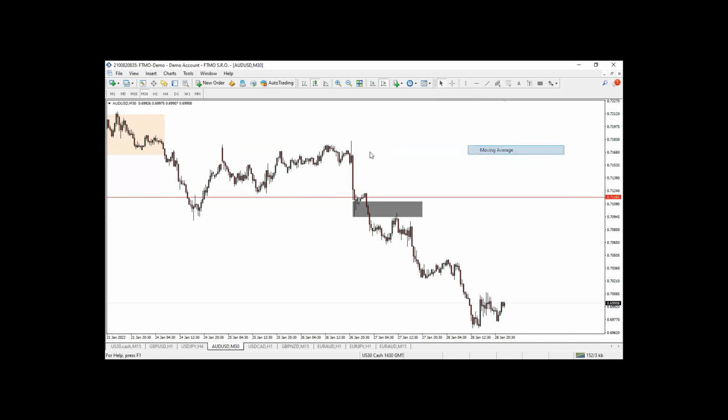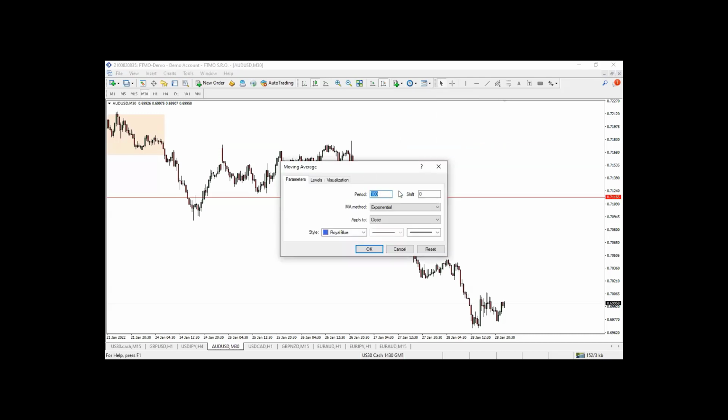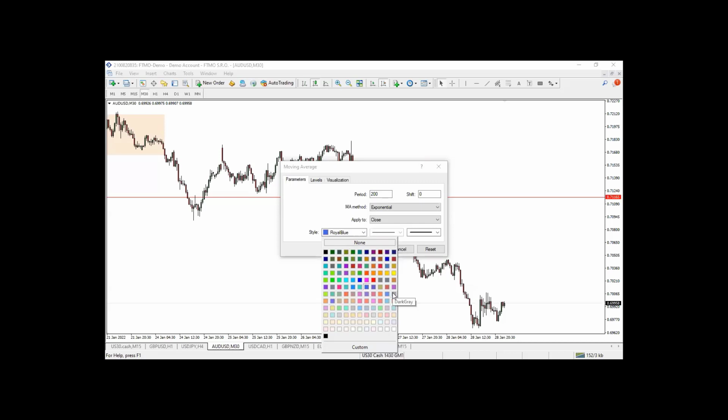Then once you get there, you can install the 200 moving average. The 200 moving average is a moving average that most people use in the market, and I will tell you why most traders use it. So let me change this color so that we can see it.